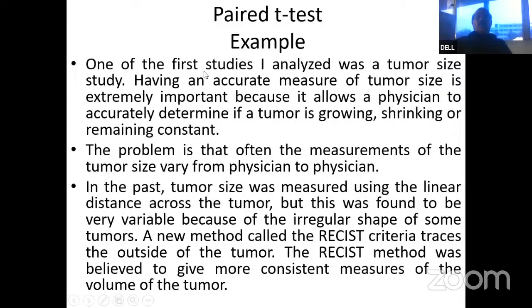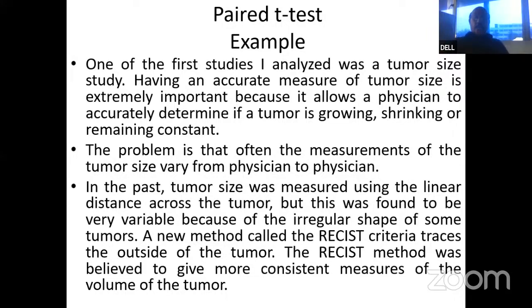One of the first studies I analyzed was a tumor size study. Having an accurate measure of tumor size is extremely important because it allows a physician to accurately determine if a tumor is growing, shrinking, or remaining constant.